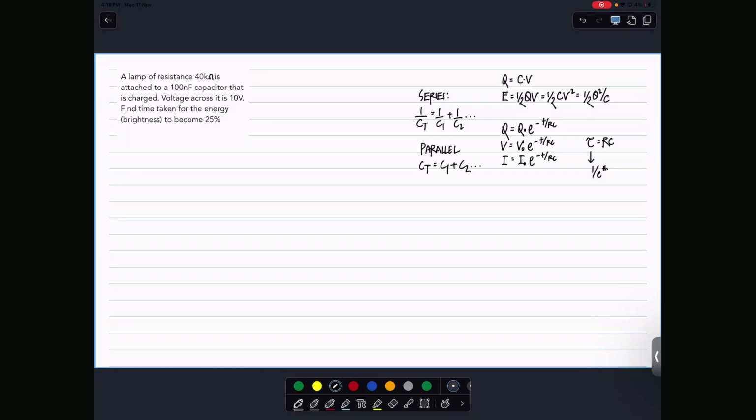Find the voltage and then use that to find out how much time is taken.